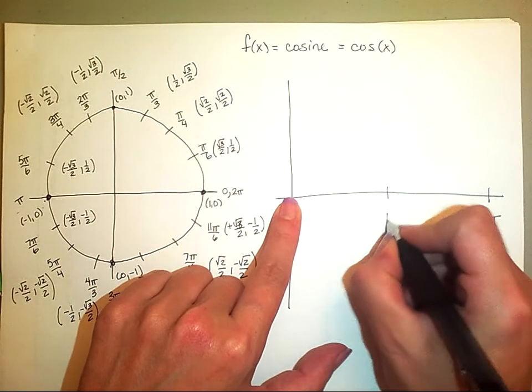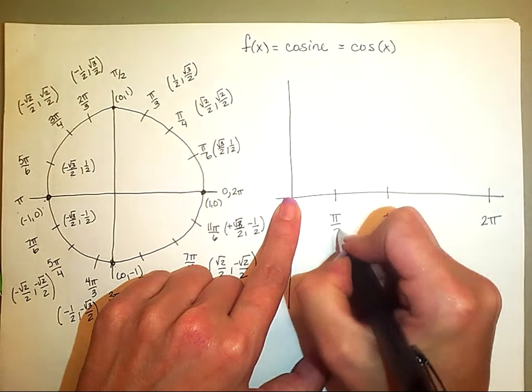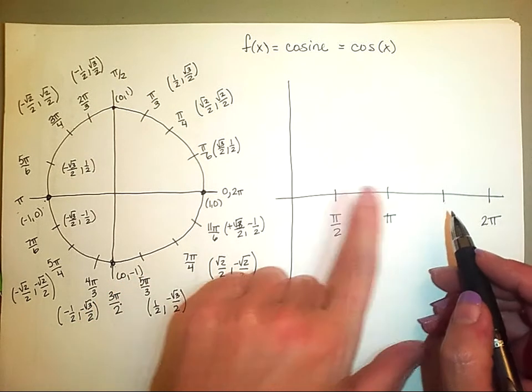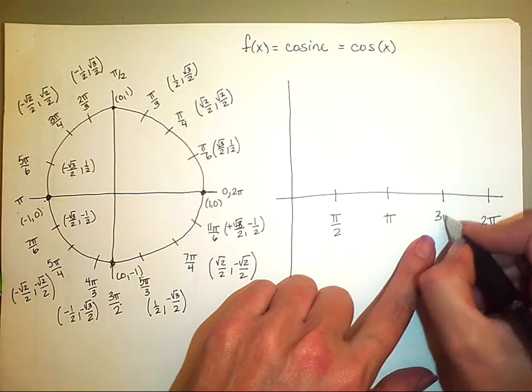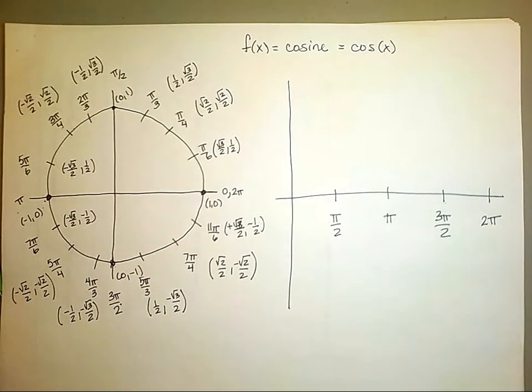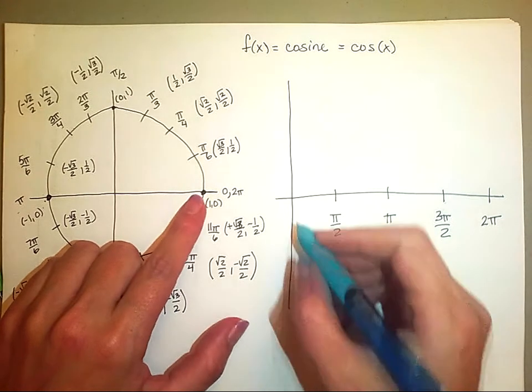Then we'll pick half of that for pi, and then half again for pi over 2, and we can count out to get to this one: 1 pi over 2, 2 pi over 2, 3 pi over 2. And let's see what's happening at these points.